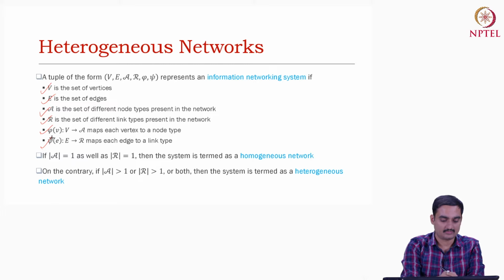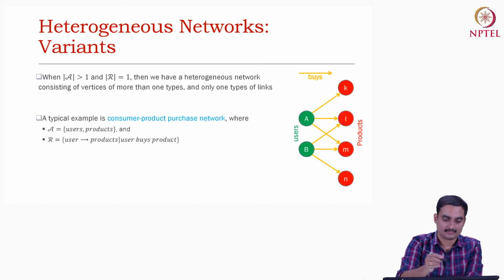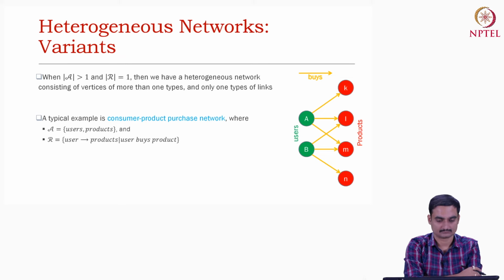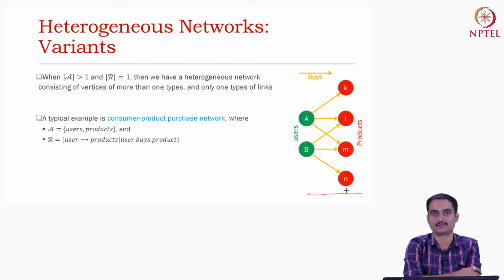Okay. Now if mod of A equals 1, meaning that you have only one type of nodes, right? This is node homogeneous. If mod of R equals 1, this is edge homogeneous, and if both of them are greater than 1, then this is both node and edge heterogeneous network. Okay. So think of this user-product bipartite network.